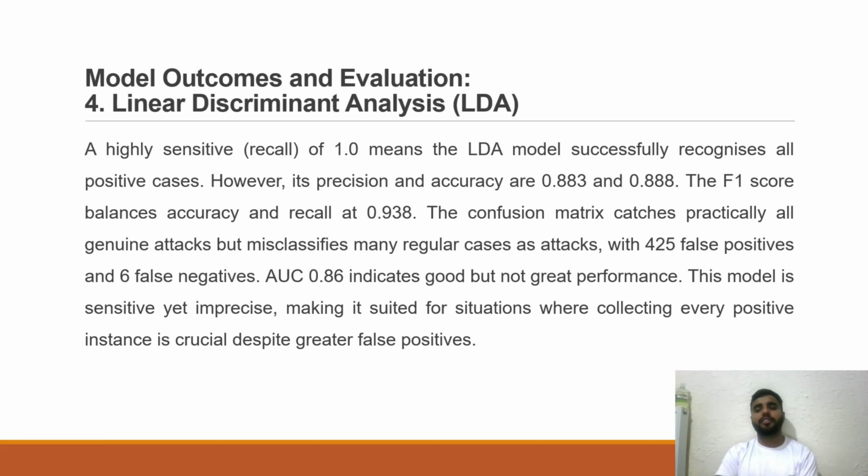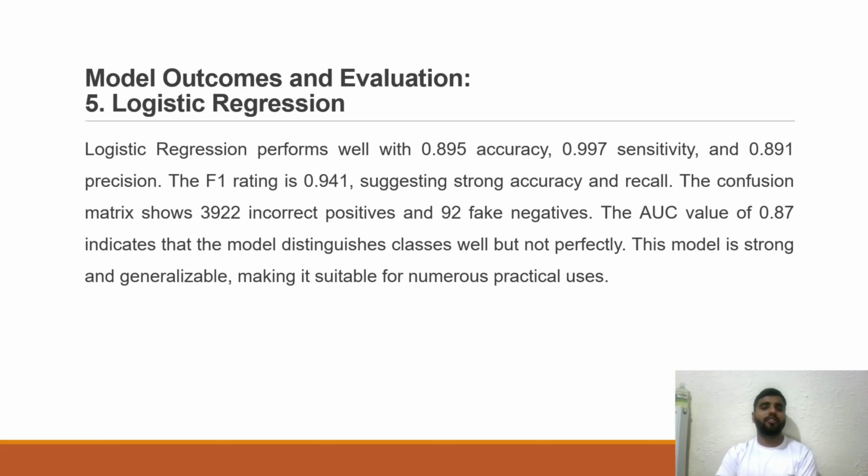The confusion matrix catches practically all genuine attacks but misclassifies many regular cases as attacks, with 425 false positives and 6 false negatives. The AUC of 0.6 indicates good but not great performance. This model is sensitive yet imprecise, making it suitable for situations where collecting every positive instance is crucial despite greater false positives.